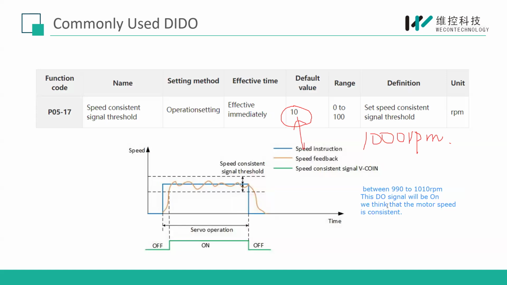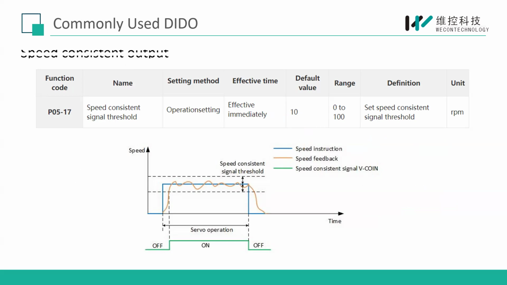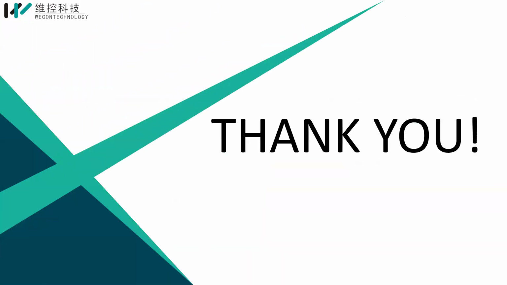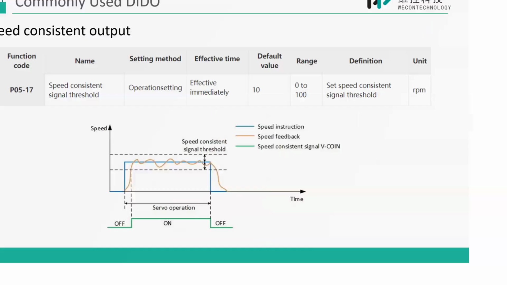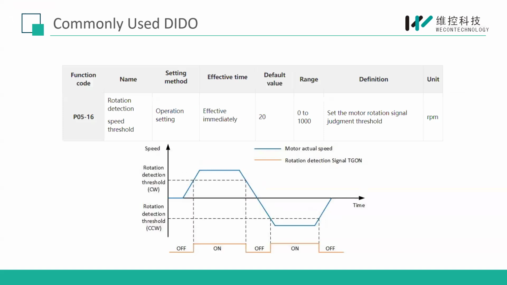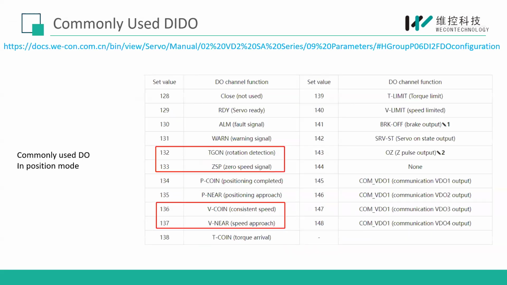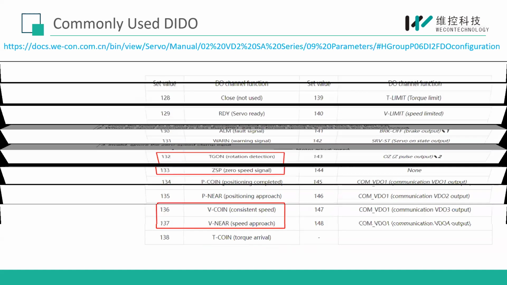Or we can think that the motor is achieving the target velocity. Okay, so this is how this DO signal works. And these are all the commonly used DI and DO signals for speed mode.